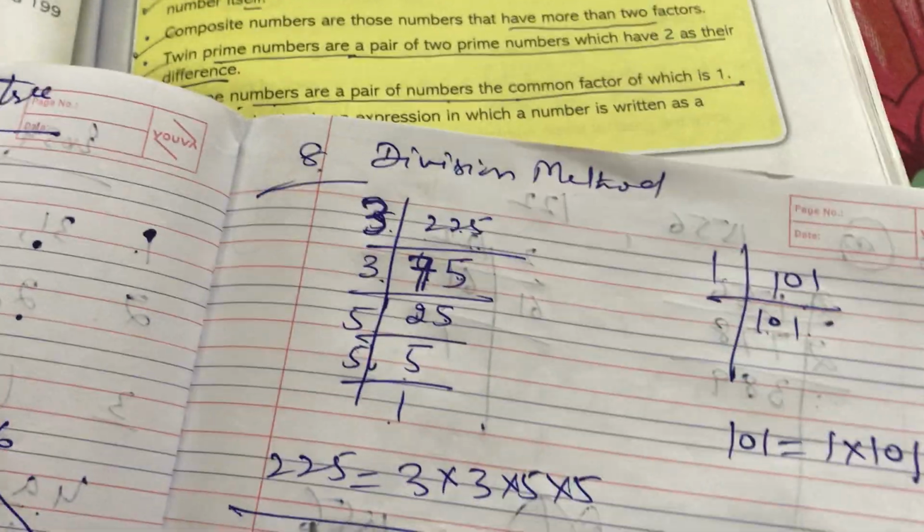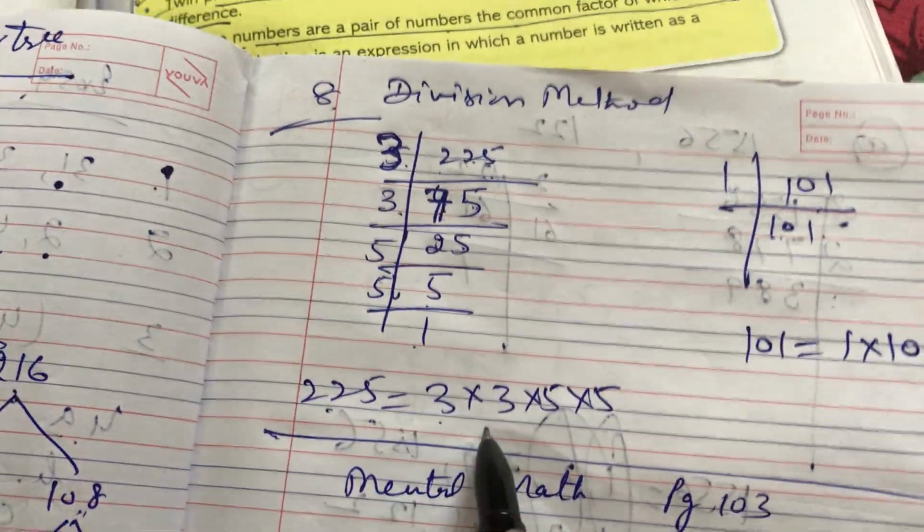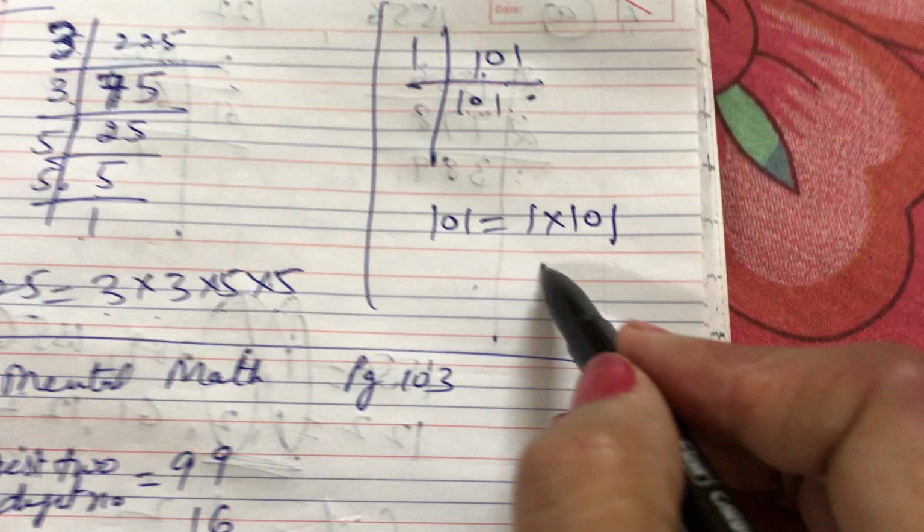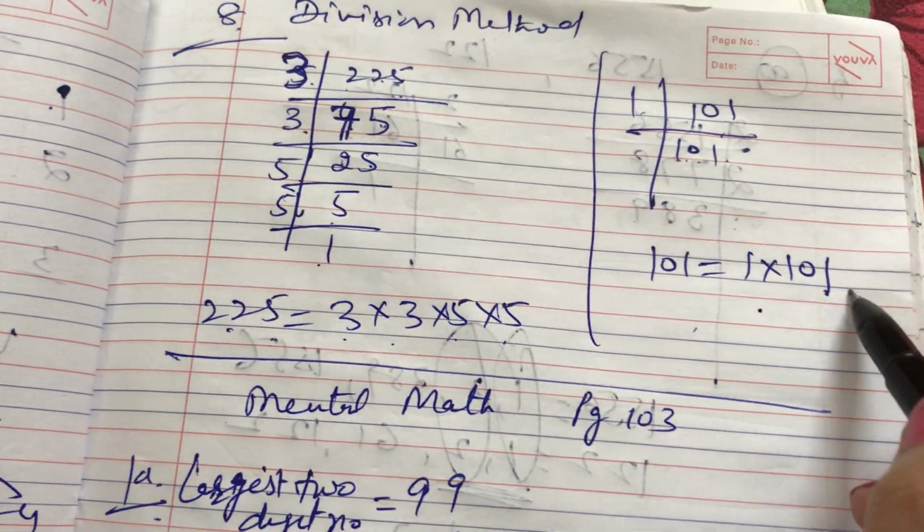So the prime factors of 225 are 3, 3, 5, 5; the factors of 101 are 1 and 101. Other parts you will try yourself, A and B parts you can do yourself.